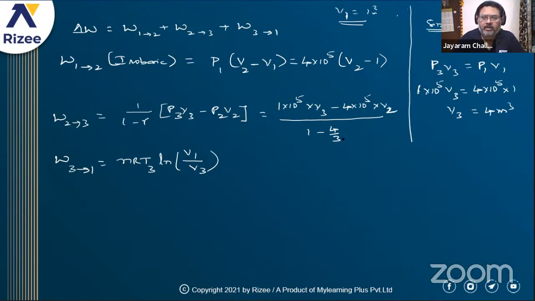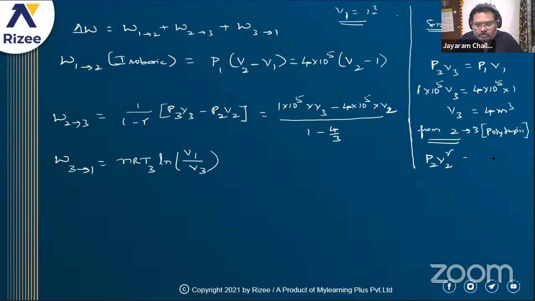So one of the two unknowns we have got; another value we need to find is V2. From the 2 to 3 process, 2 to 3 is a polytropic process. Under the polytropic process, what is our relation? That is P2 V2 to the power of gamma should be equal to P3 V3 to the power of gamma.